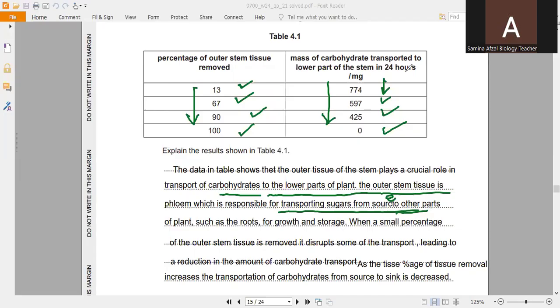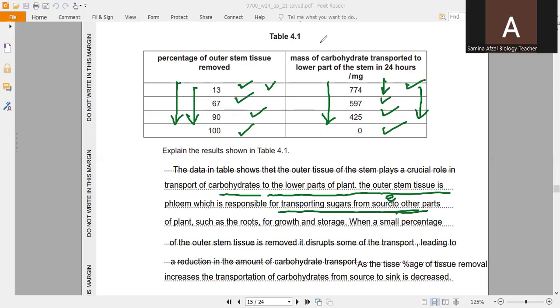As you can see, when there was little removal of this outer stem, it was 774. As the outer stem tissue removal has been increased, the transportation of the carbohydrates is decreased, leading to a reduction in the amount of carbohydrate transport as the percentage of tissue removal increases. The transportation from source to sink is decreased.